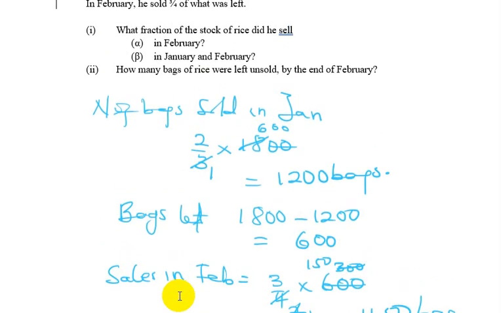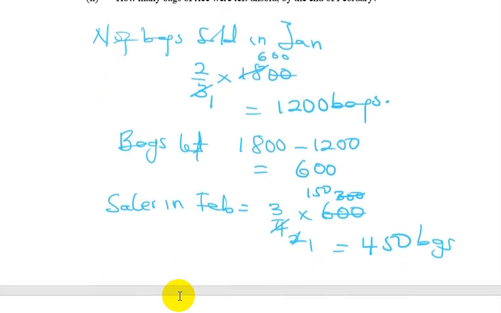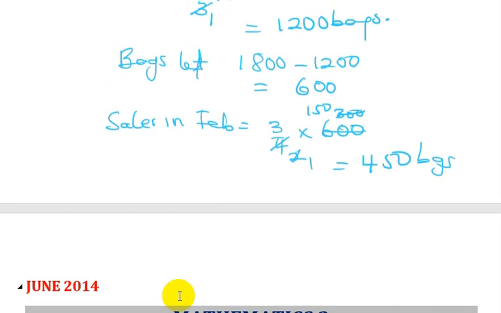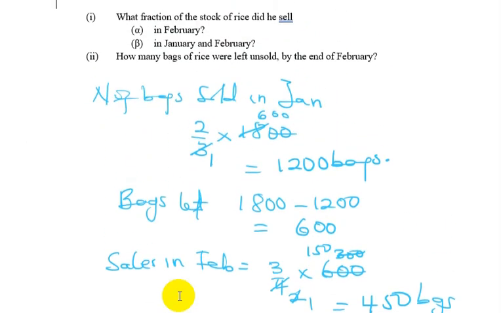Now what was the next question? The question says that we should find the fraction of the stock of rice he sold in February. So February, that's what we did, 450, and January and February put together. Let me check the question again, please. It says how many bags of rice were left unsold, okay?